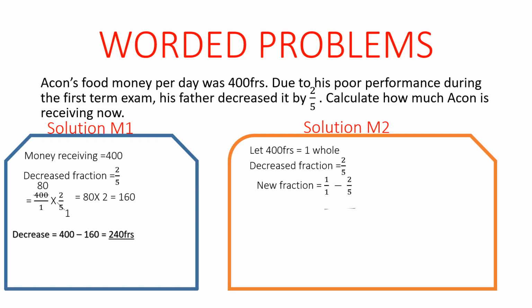So 1 minus 2/5, you go for the LCM, 5. 5 take away 2. Now the decreased fraction, the new fraction that we have now, is 3 over 5. So therefore, the new money now, we have 3 over 5 of 400 over 1.